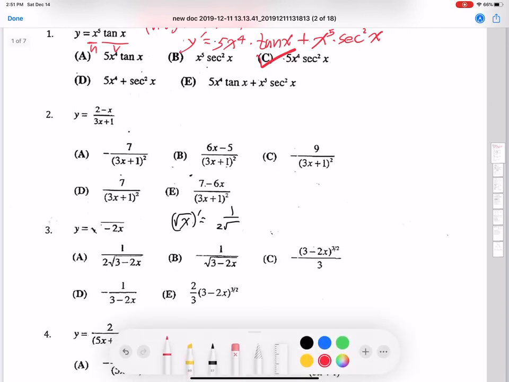Number 2, y equals 2 minus x over 3x plus 1. It is the quotient rule. What is the quotient rule? The derivative of u over v is u prime v minus uv prime over v squared. The top part is u, the bottom part is v.